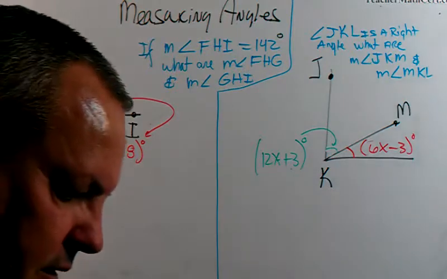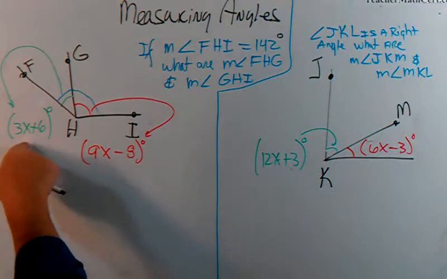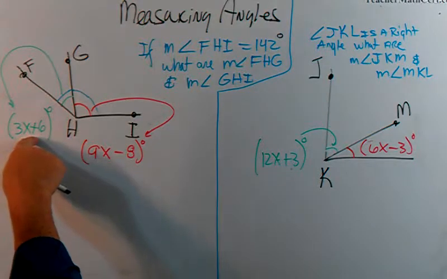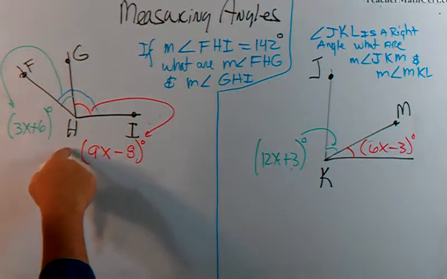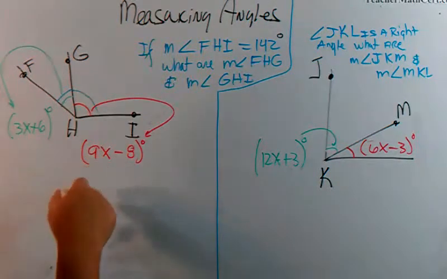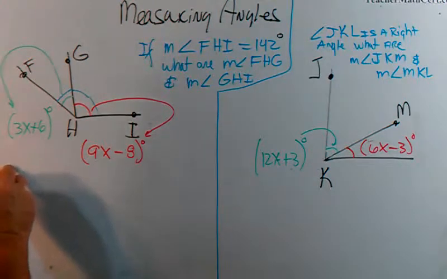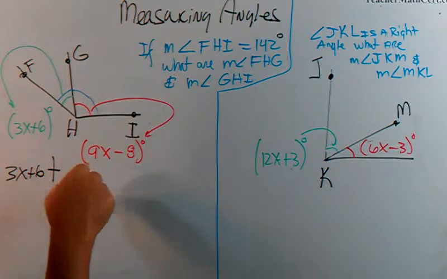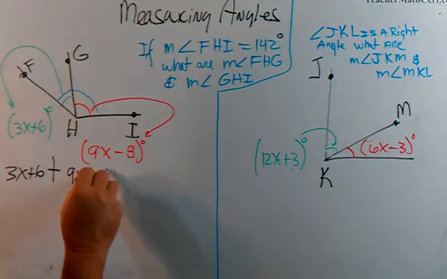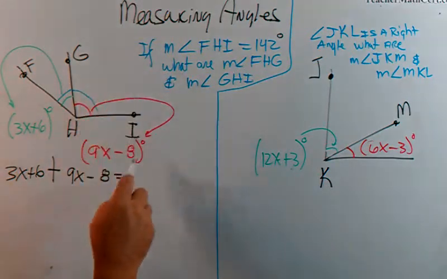All right? So what we're going to do is set this equation, which is this angle right here, and we're going to add it to this angle right here. Pardon my cats here. So we've got 3x plus 6 plus 9x minus 8 is equal to 142 degrees.